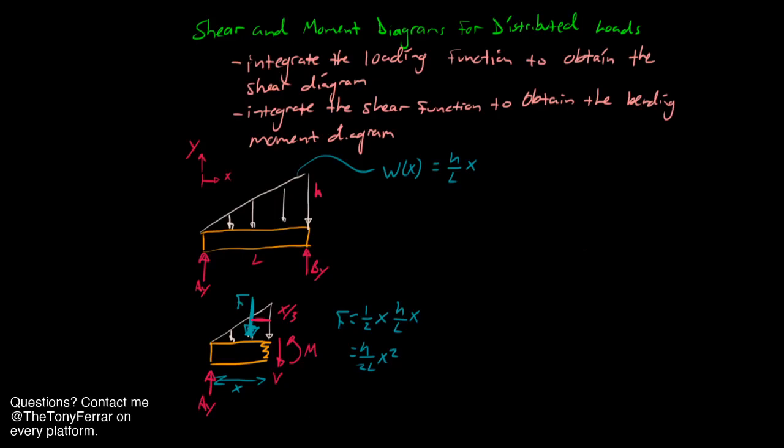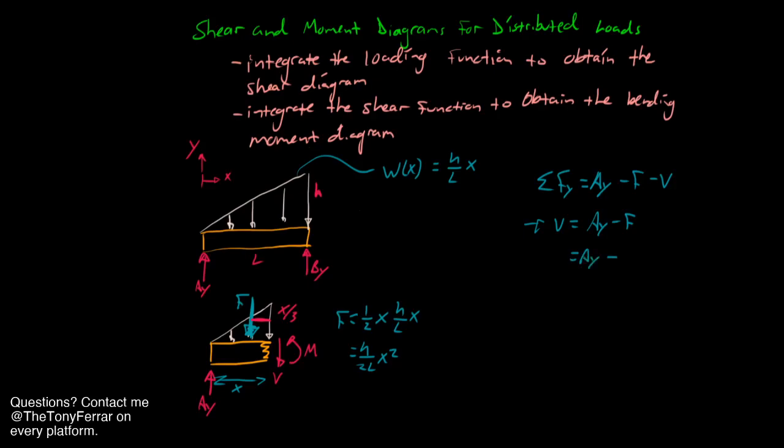If we were to sum forces in the y, we would see that we have AY going up, F going down, and V going down on our free body diagram for this segment. In other words, V is equal to AY minus F. But we just saw that F is the integral of the loading function.